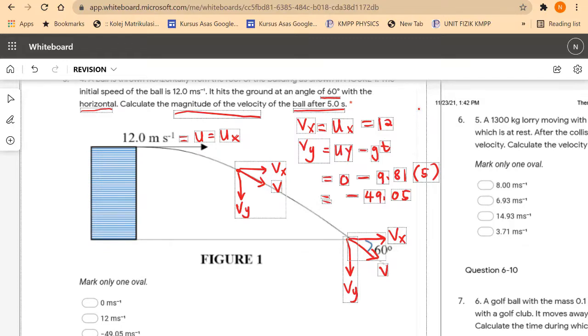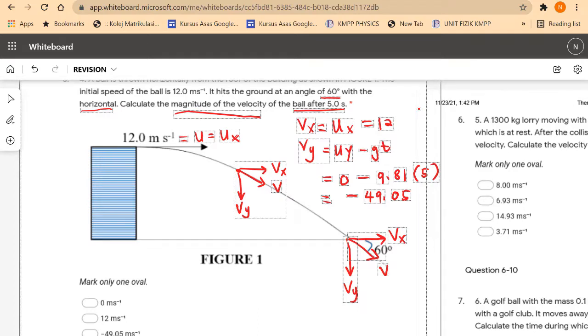So we have two lorries. Lorry A collides with lorry B, or maybe you can say lorry 1 collides with lorry 2. Their masses are different.